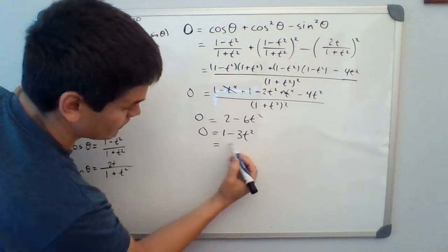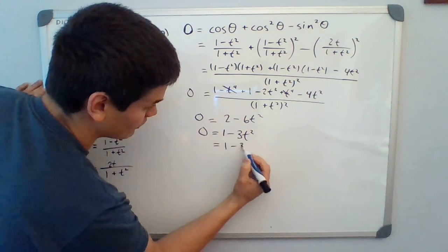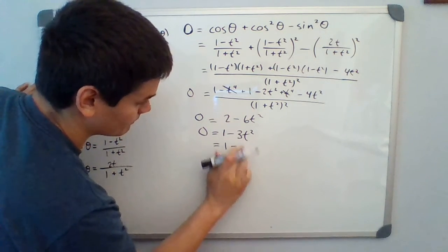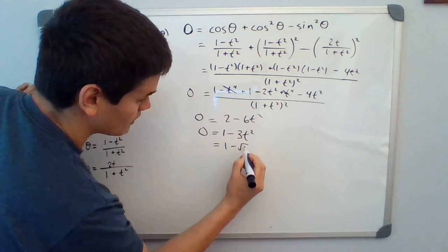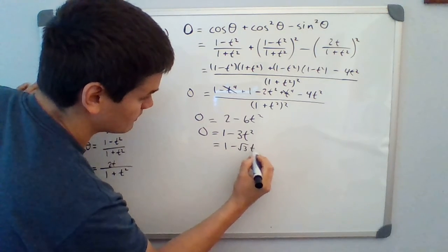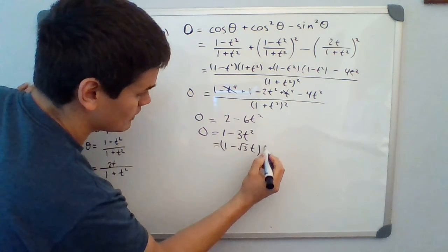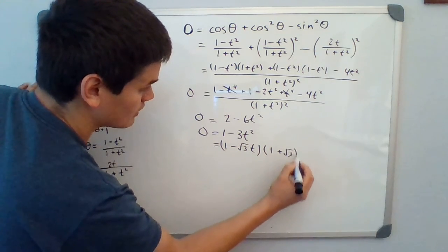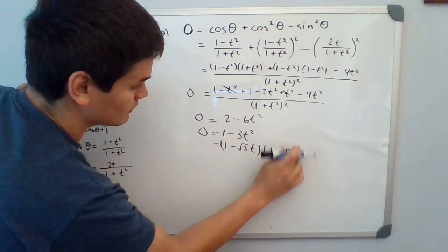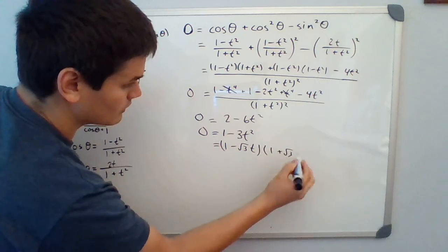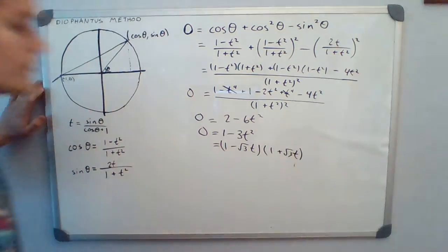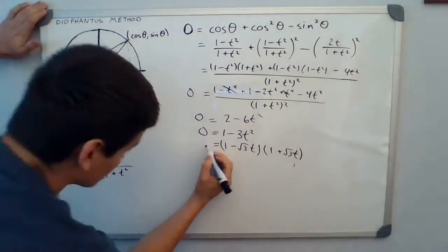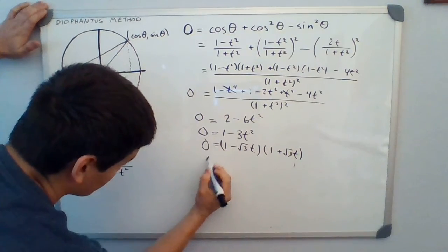Okay, so with a difference of perfect squares, I have 1 minus the square root of 3 times t, and 1 plus the square root of 3 times t. So now we have two values of t.